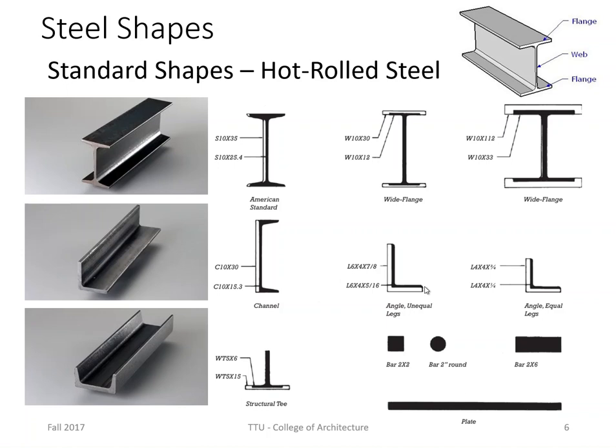This happens to be an unequal, and then you can see over here is the equal legs. And then what is called a structural T, which is basically a T shape, usually used as intermediary supports or brackets.